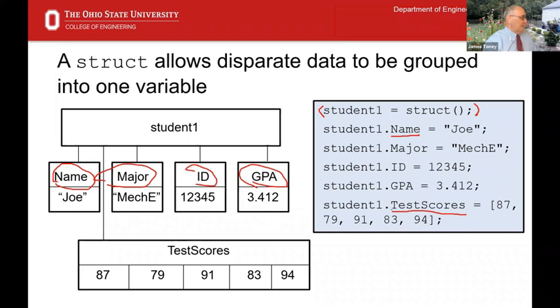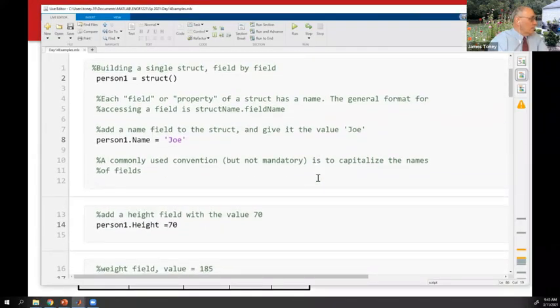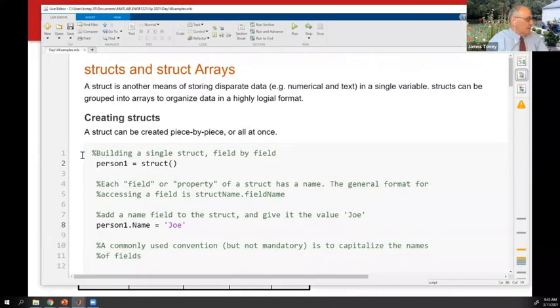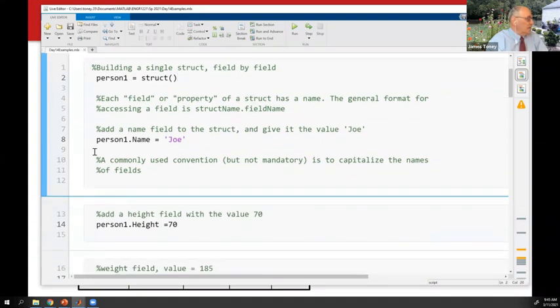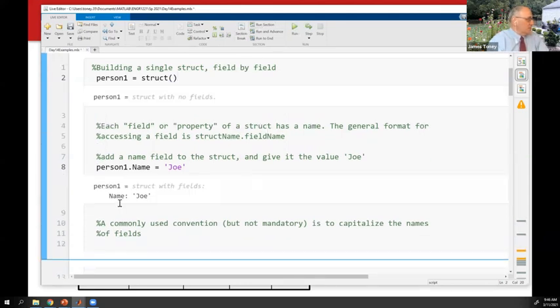All right, so let's go to the examples and do some more of these. All right, so let's do another one similar to that. I have one called person1. I'm initializing it to be a struct. And then I give it a name field, and the value of the name field is Joe. All right, so right now it's just a struct, but it only has one field, which is a name field.